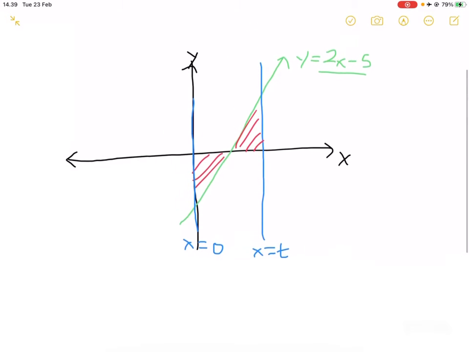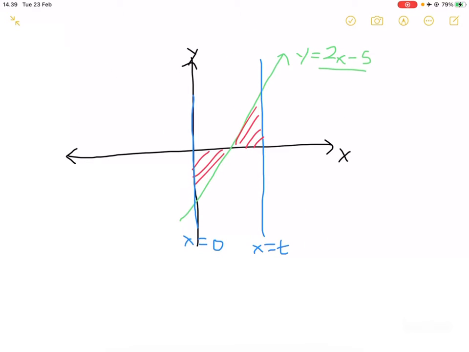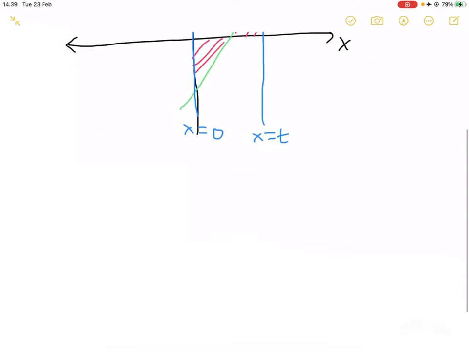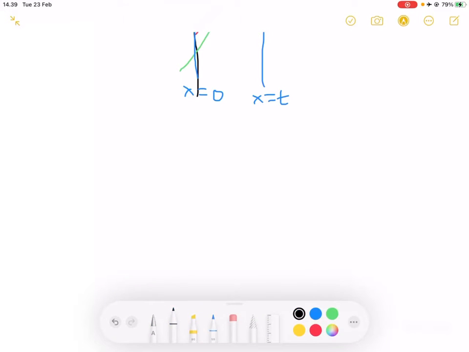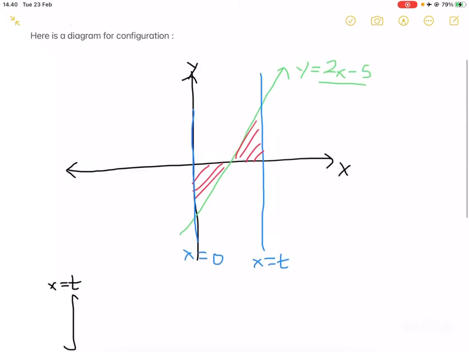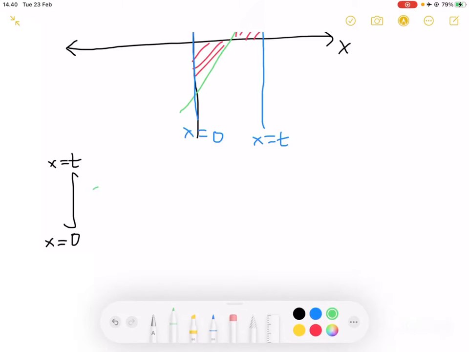Alright, and notice this again looks like an area bounded under a function. So we can set up a definite integral for that. The integral from our lower and upper bounds, which will be 0 and t respectively, of our actual function, which is 2x minus 5, dx, and keep in mind this must be equal to 0.